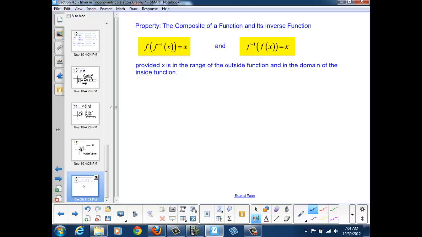And that's provided that x is in the range of the outside function and in the domain of the inside function. We can't come up with a value if x is not within the domain of the inside function, and then that answer has to be in the range of the outside function.